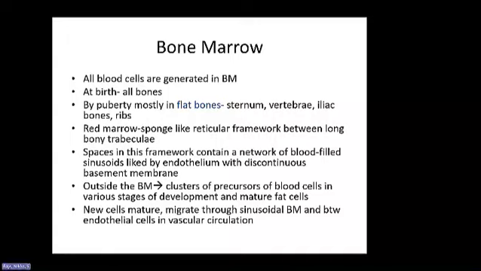Outside the sinusoids, there are clusters of precursors of B cells in various stages of development, and then there are mature fat cells. As the blood cells are produced, they mature, and then they migrate through the sinusoidal bone marrow and between endothelial cells into the vascular circulation.